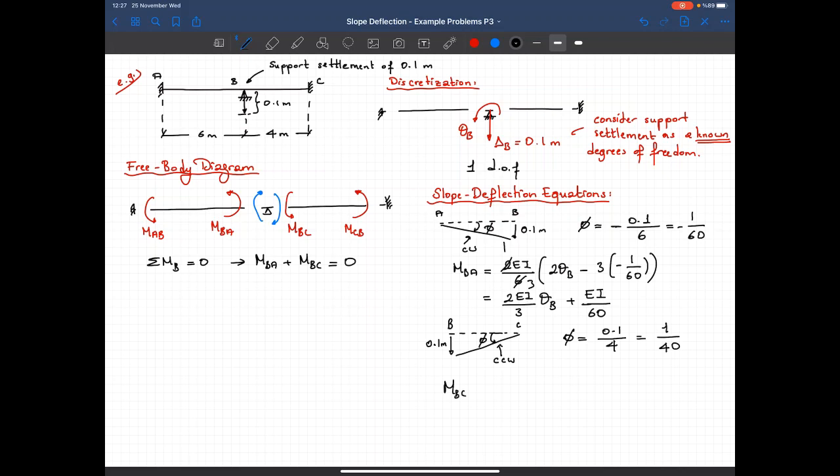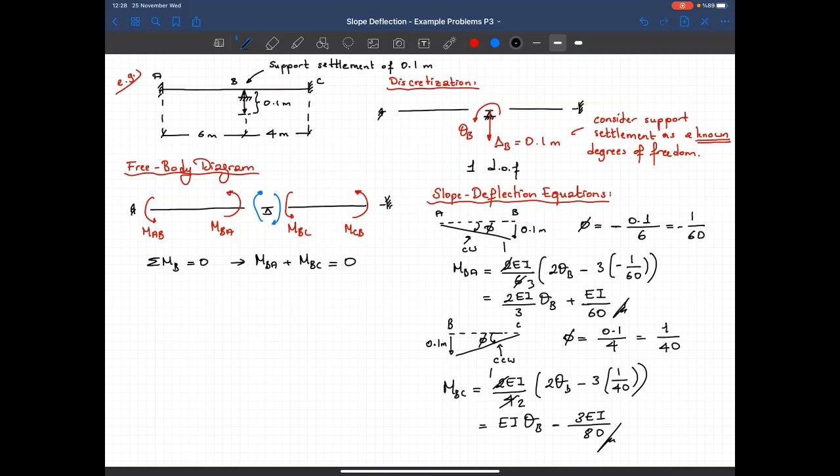Then MBC is equal to 2EI over 4 to theta B minus 3 times 1 over 40. This is 1, this is 2, and the result, the equation is EI times theta B minus 3EI over 80. Okay, so these are the two equations.